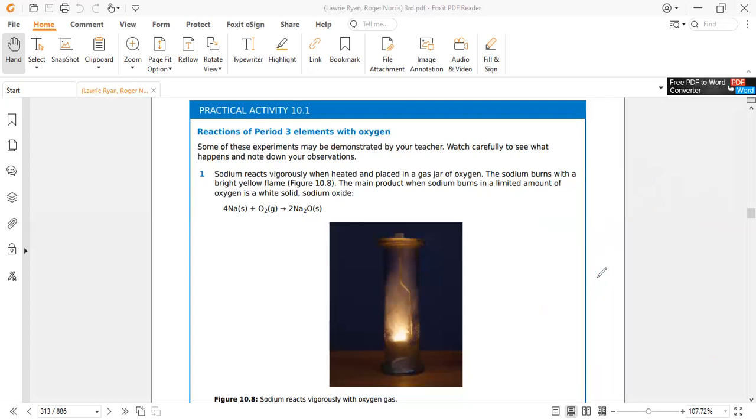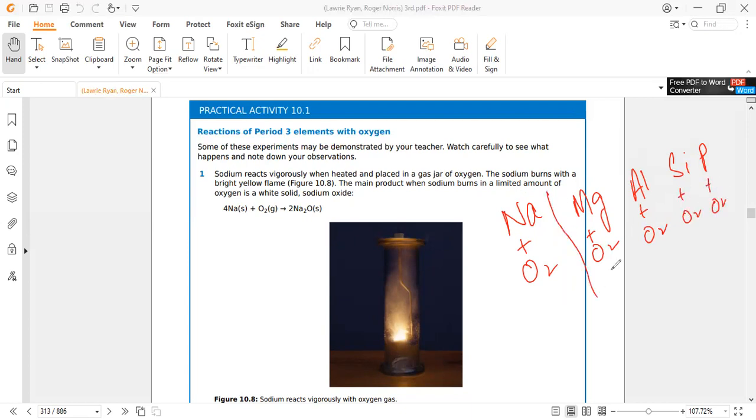First are the equations for the reaction of period 3 elements with oxygen. Sodium, magnesium, aluminum, silicon, phosphorus; chlorine is not of much interest in the syllabus. Separately reacting with oxygen, they all form oxides according to their group position.